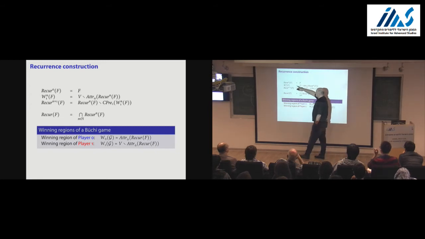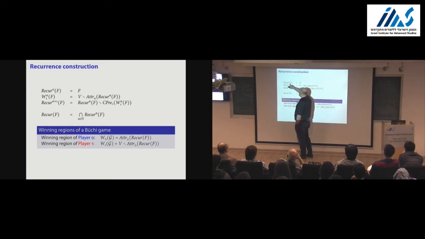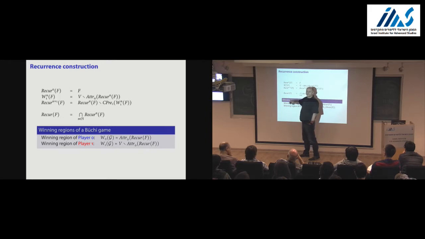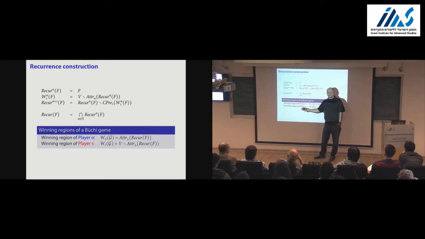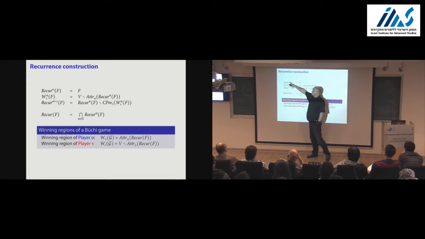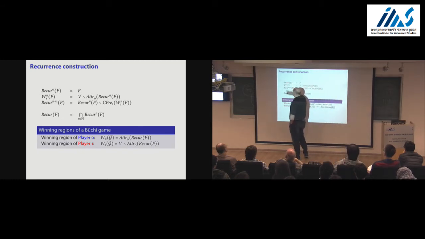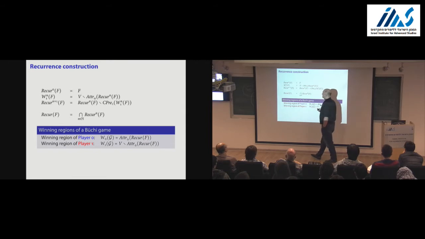So the zero approximation is the full set F. So essentially the zero approximation means that we can at least come back 0 times, right? So we'll increase the index, of course, and ultimately we can come back infinitely often. But initially, the only guarantee is that we can come back at least 0 times.